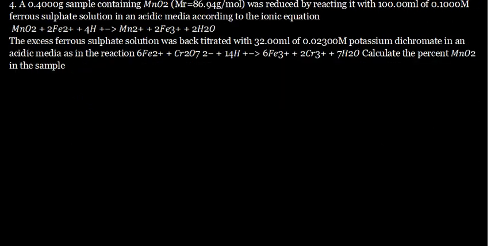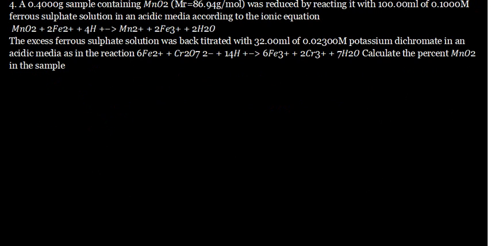Okay, the last example here: a 0.4 gram sample containing manganese oxide without molar mass was reduced by reacting it with 100 mils of 0.1 molar ferrous sulfate in an acidic medium according to the equation. So here is the equation, and thank goodness it's a balanced equation already.